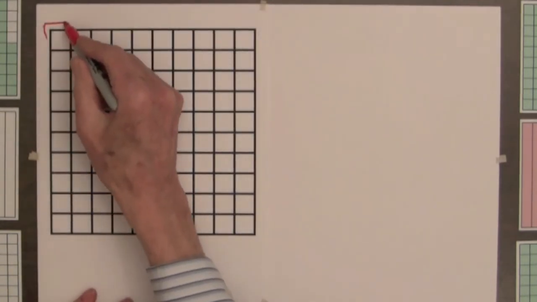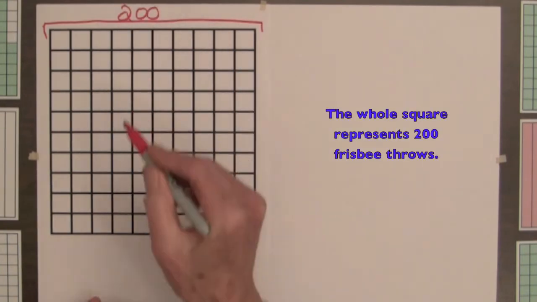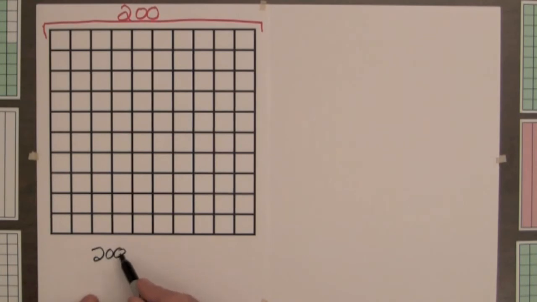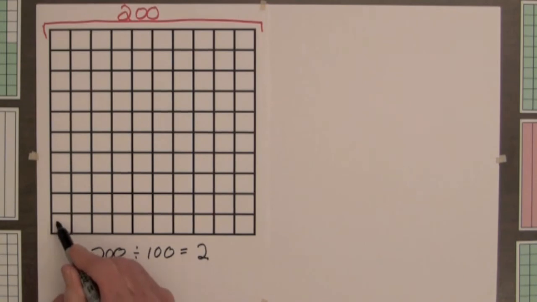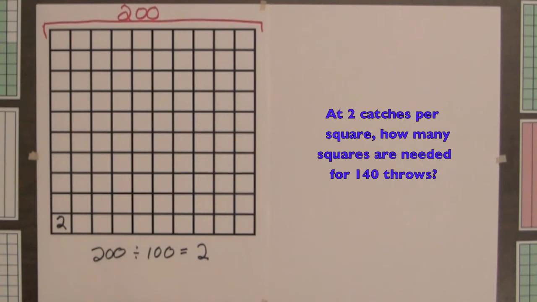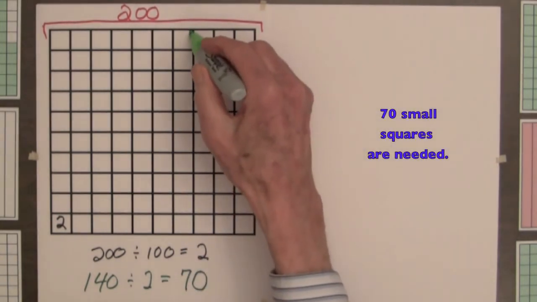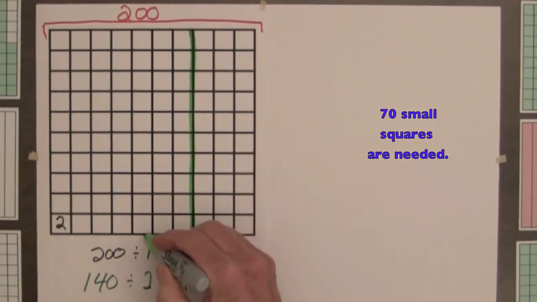There were 200 throws of the frisbee, and 200 divided by 100 is the value of each small square. At 2 catches per square, how many squares are needed for 140 throws? We obtain this by dividing 140 by 2, so 70 small squares.